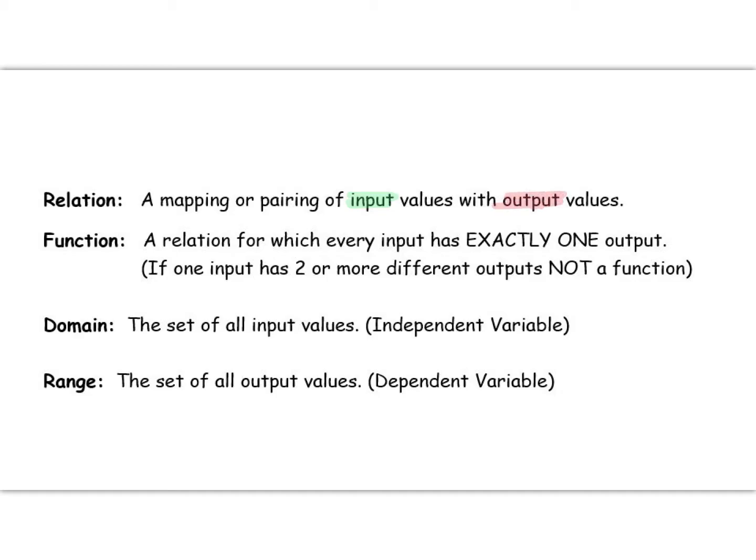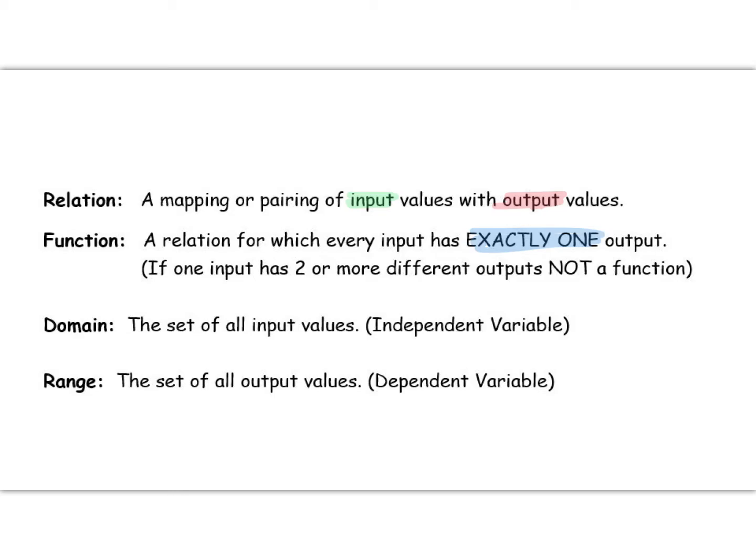Now, a function is a relation for which for every input there's exactly one output. If one input has two or more different outputs, that's not a function. We'll talk about that too. I've got a nifty little joke for you to help you remember that.